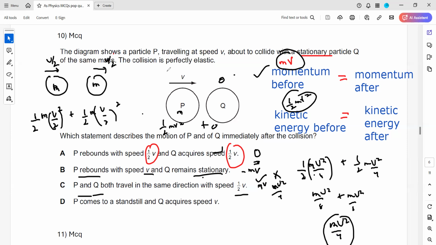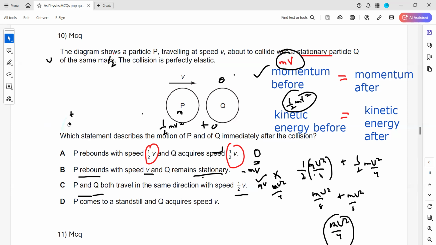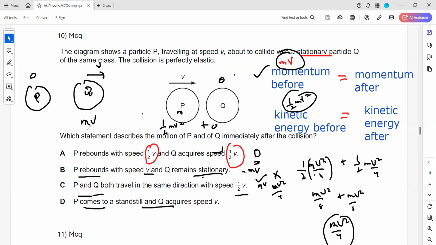And what about option D? For option D, when the objects collide, P comes to a standstill and Q acquires a speed v. So Q is moving at a speed of v and P is at a standstill, meaning P is not moving. So the momentum will be conserved because of mass into velocity.